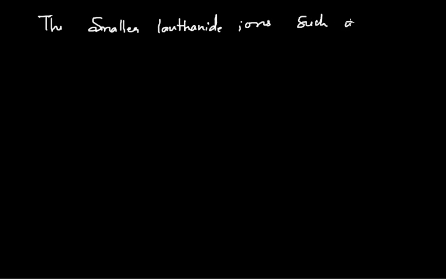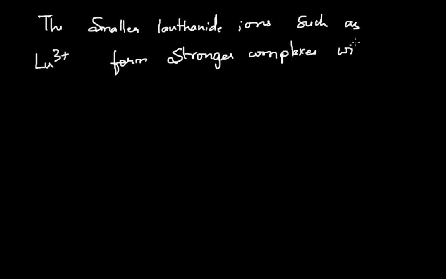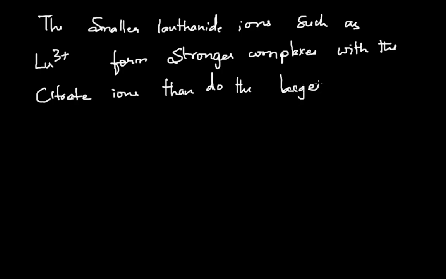Take down this sentence, very important: the smaller lanthanide ions, such as Lu3+, form stronger complexes with the citrate ions than do the larger ions like La3+. So what is the reason?